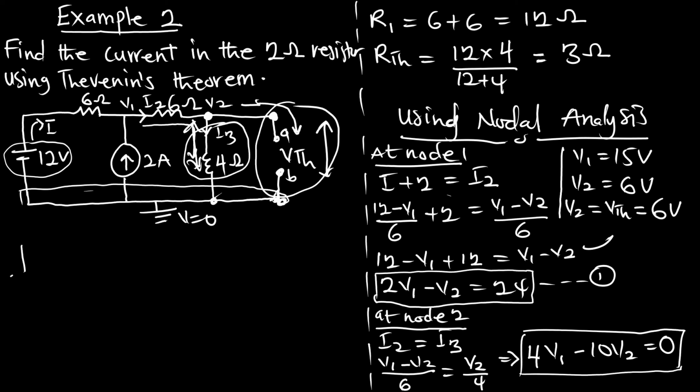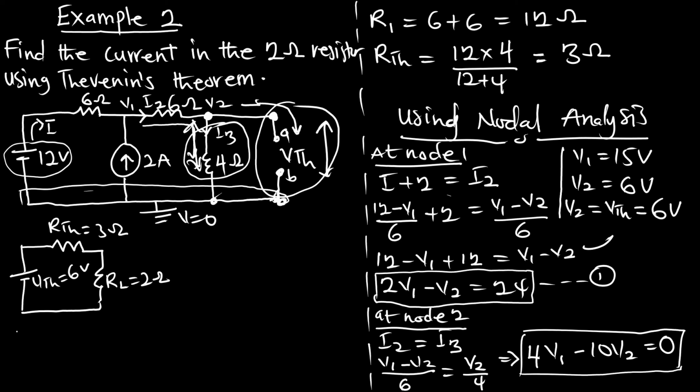So this is going to be my VTH. This is going to be my RTH in series with the load resistor, and I am good to go. So this is my load, which is 2 ohms. This is my RTH, which is 3 ohms, and this is my VTH, which is also 6 volts.